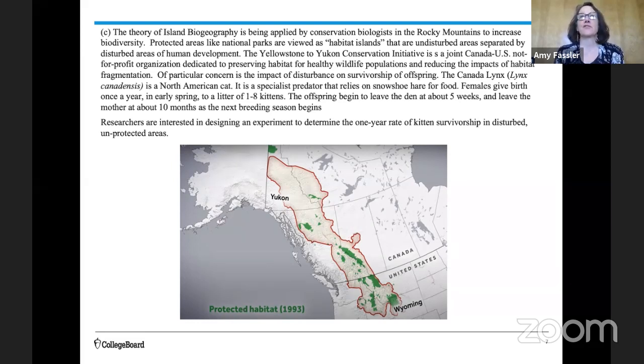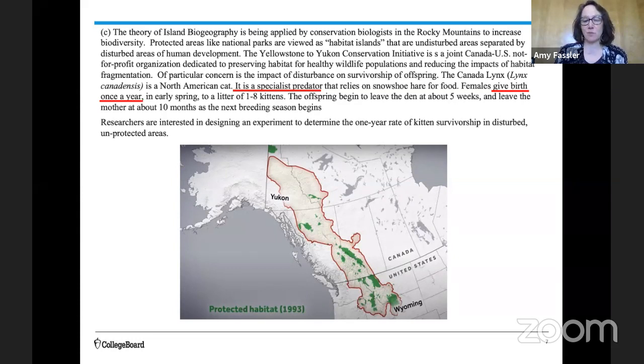But please trust me that the 25 minutes or 15 minutes that you get to answer these questions is enough time for you to really stop and read and process. And literally in 30 seconds, what I'm underlining here, I could be jotting down as notes on the side of my paper, because they're giving me a lot of information about the Canada lynx.